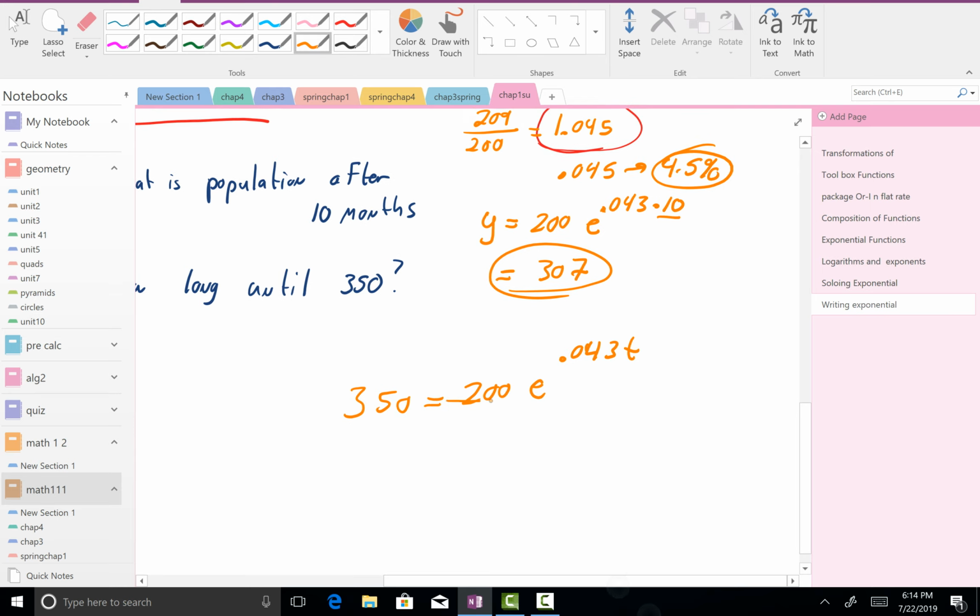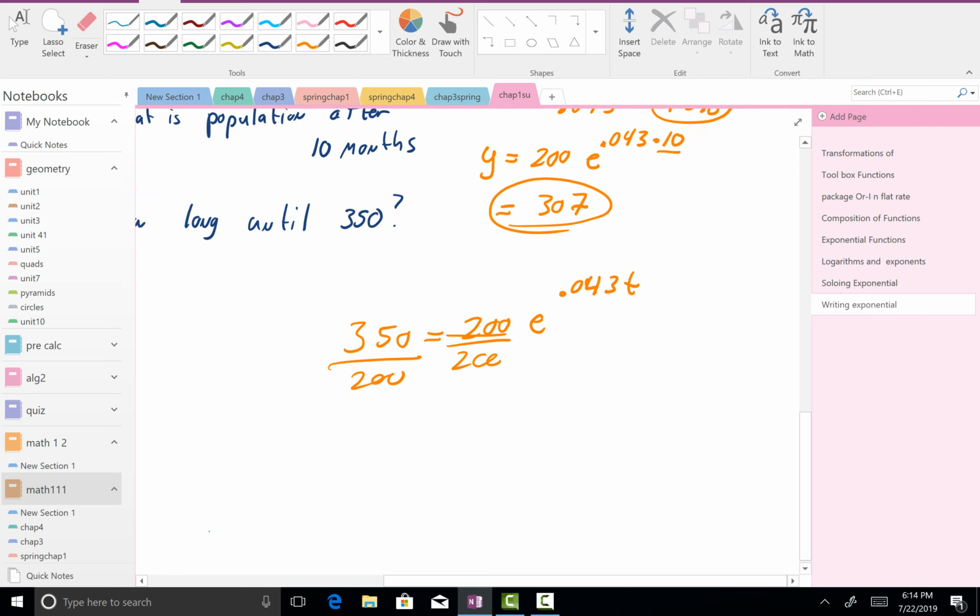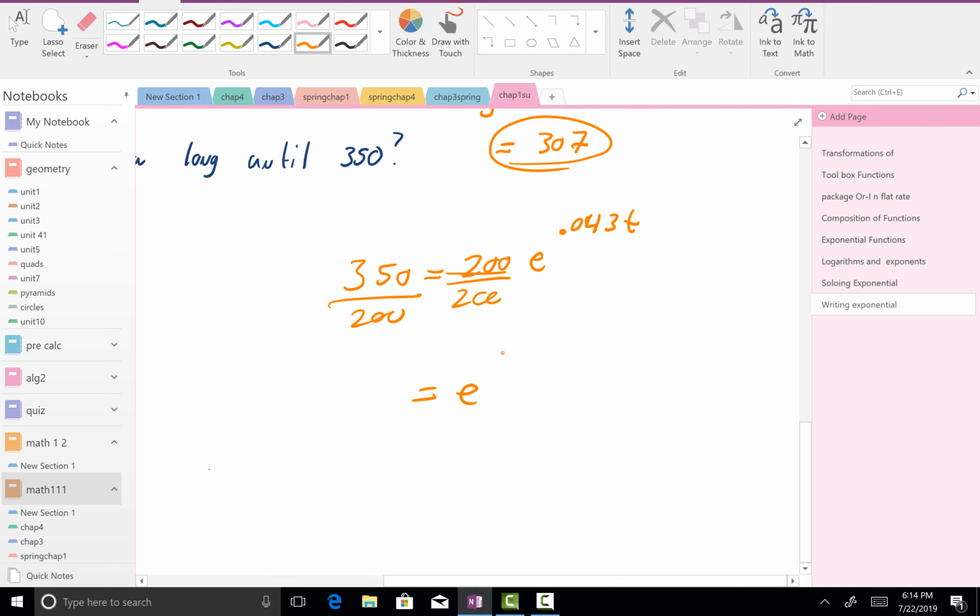Great idea. Let's divide by 200. Okay, 350 divided by 200. 35, let's see. 7 over 4, 1.75. Is that correct? Okay, 1.75. All right, here's where you decide what you like to do.